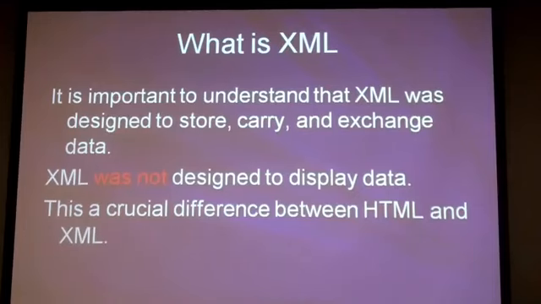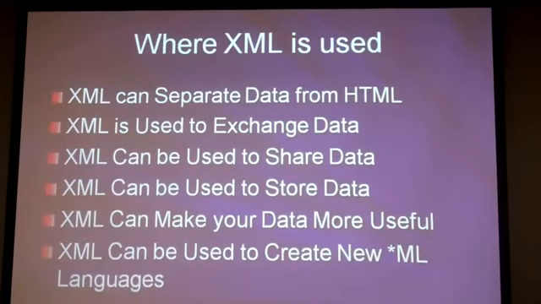Okay. So the next slide is about where XML is used. XML can separate data from HTML. It means that at the end of the HTML class, we used CSS style. Remember, when we used the CSS style file to control the outlook of the HTML file. Now imagine that you have some HTML document which contains data.